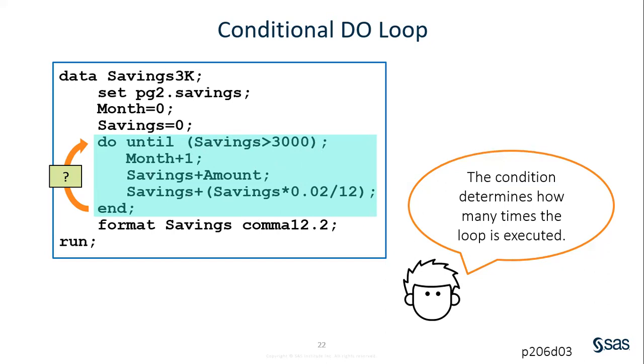I gave you the scenario of how many years it will take for your savings to reach more than 3,000, if you are saving, suppose, 100 rupees or $100 every month. So how many years or months will it take to reach 3,000?